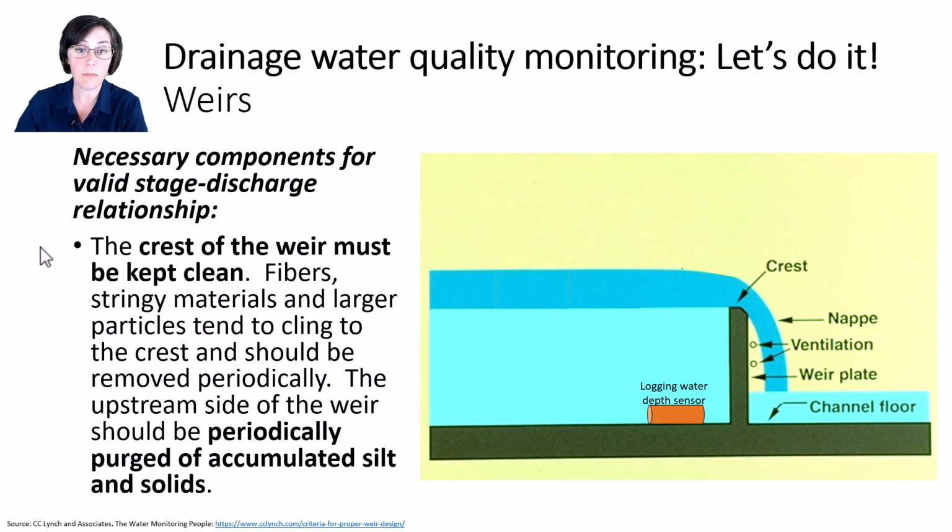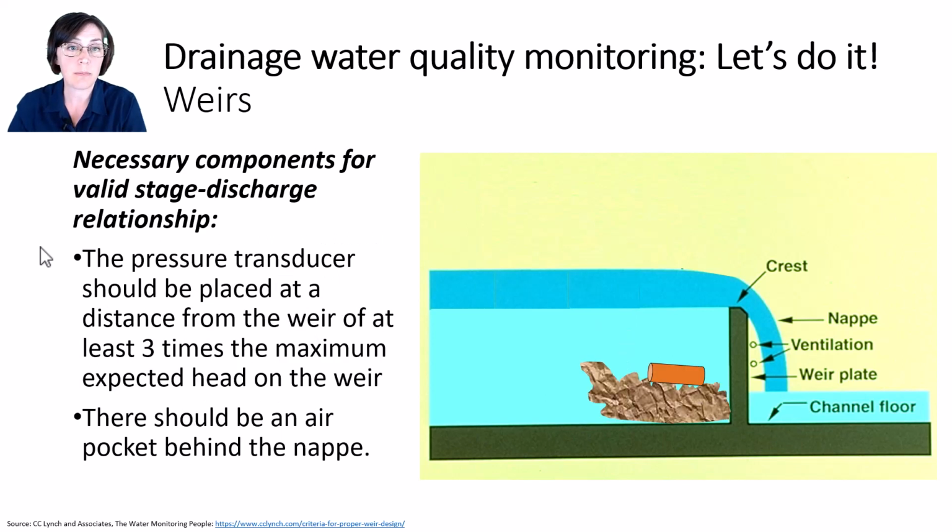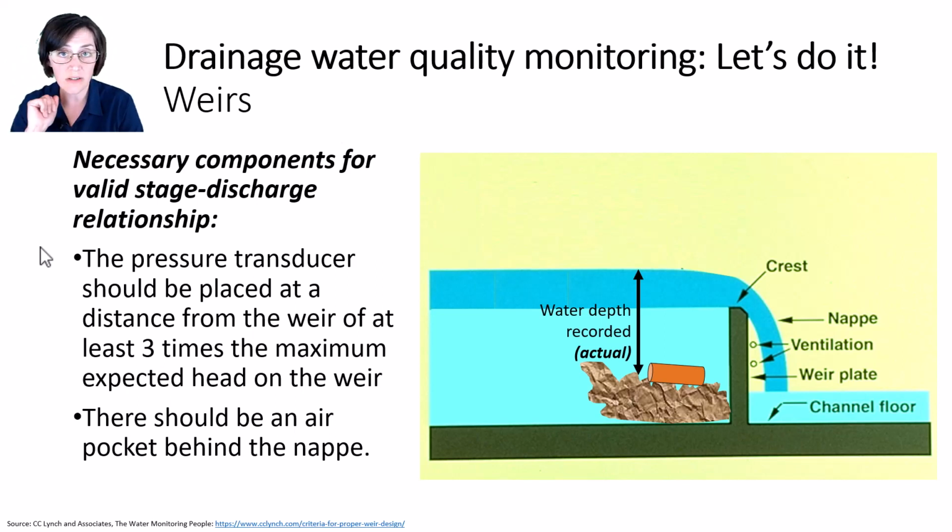It creates a real monitoring issue if the pressure transducer gets disrupted or is sitting on a bed of sediment. For example, if you think the pressure transducer is here at the bottom of the channel behind the weir and you think that you're recording this water height, but say the pressure transducer is actually sitting on a bed of sediment that you don't know about, and you're actually recording this height of water, then when you subtract the height of the weir in your calculation, your resulting calculated depth of water flowing over the weir would be smaller than what was actually flowing over the weir.